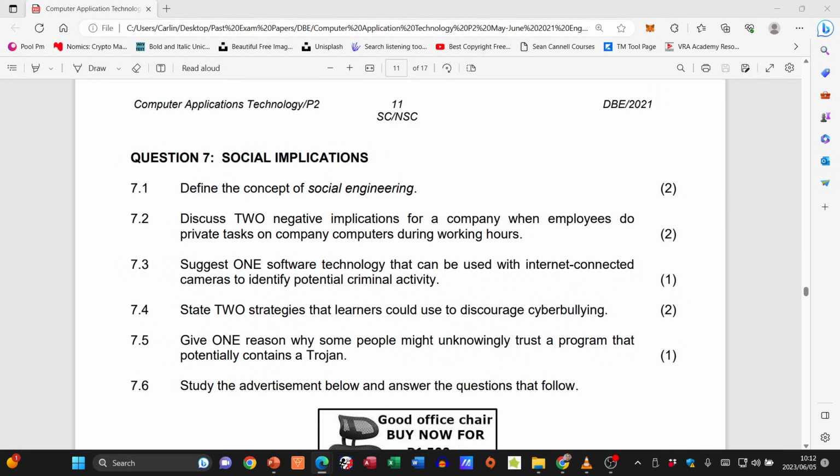Then 7.2, discuss 2 negative implications for a company when employees do private tasks on company computers during working hours. Now, think about that. 2 negative implications for the company. Not for you, it is for the company. Does the company lose out on anything when their employees are doing private tasks on company computers?